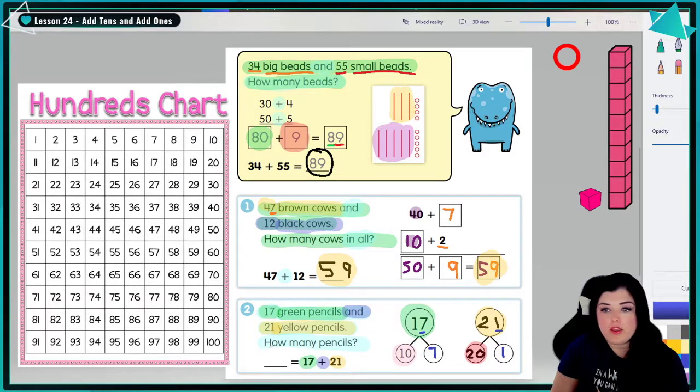So I'm going to write a 3 in my tens place, because we want to make sure we're adding our tens together and then our ones together. So then I'm going to look at my ones place. 7 plus 1 more makes what number? 7 plus 1 more is 8. So I have 8 ones, which makes the number 38.